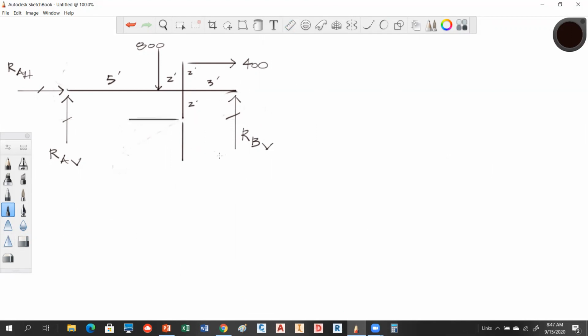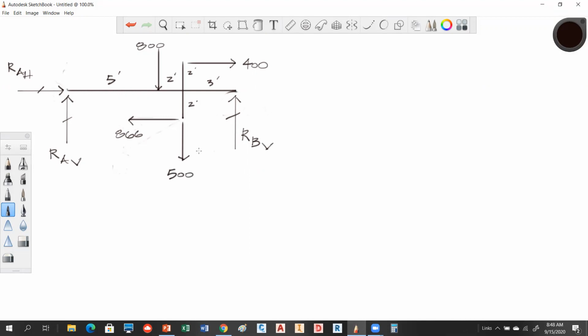I just took the cosine of 30 times 1,000, and this gave me 866, so the sine is going down. We've got 1,000 sine 30, I get 500.